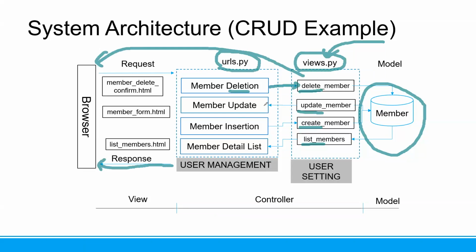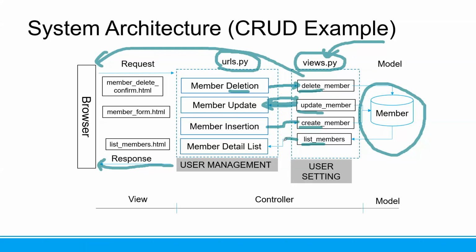If I want to update, then the update will go to this function, and it will go to the member update in the urls.py. If I want to create a new user, then I can call the function create member.